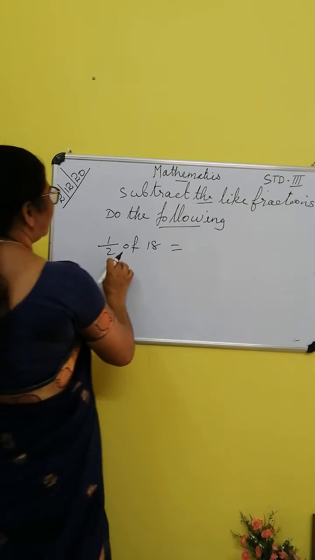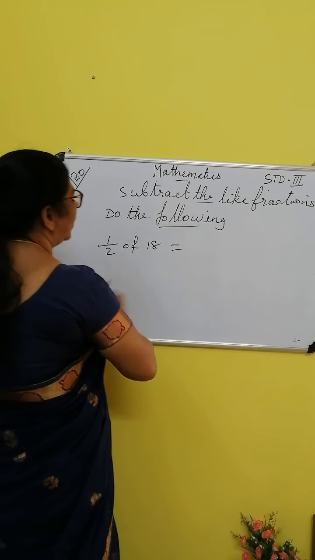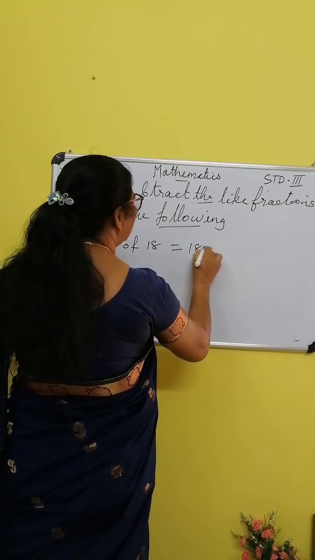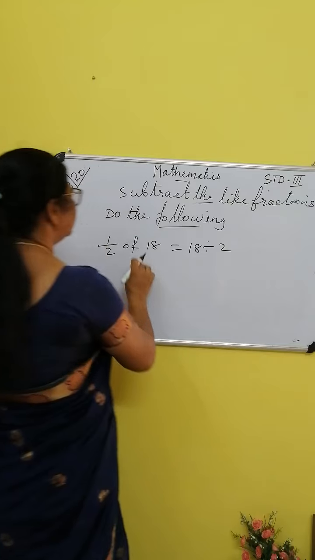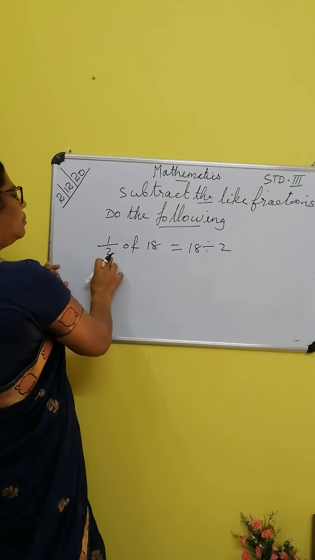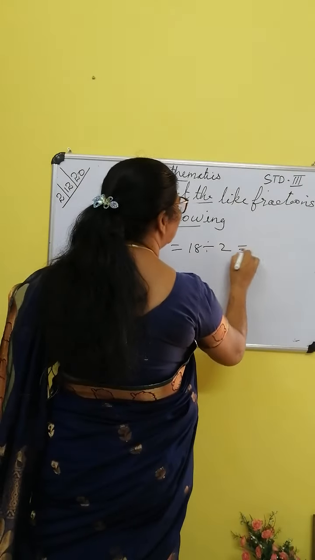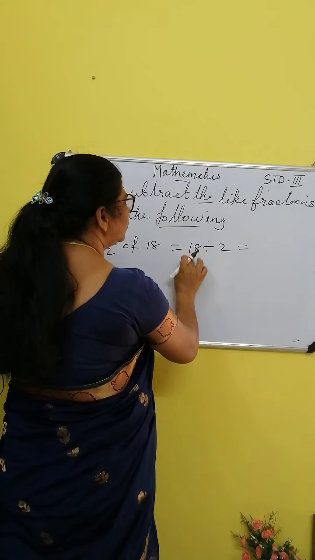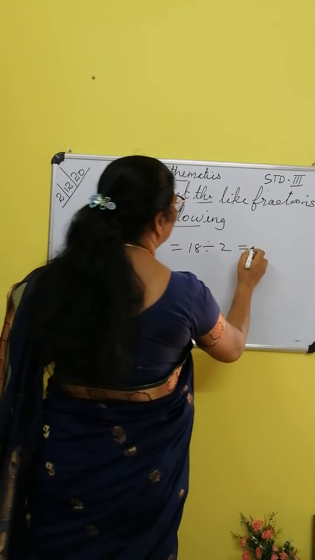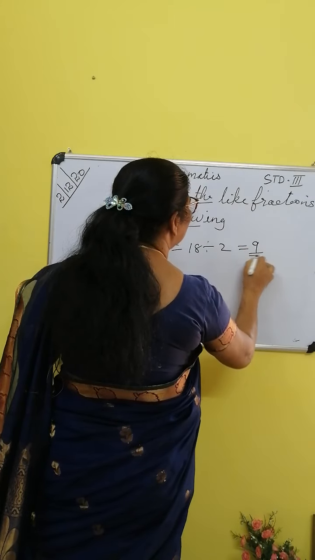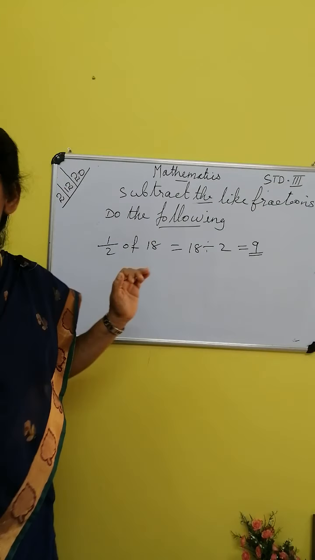You have to find it by dividing, so 18 divided by 2. See the table: how many 2's are there in 18? We get 9, 2's are 18. So the answer is 9.